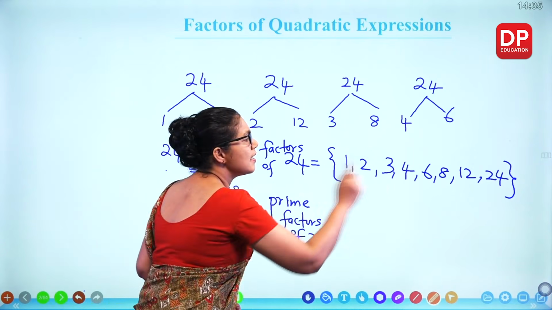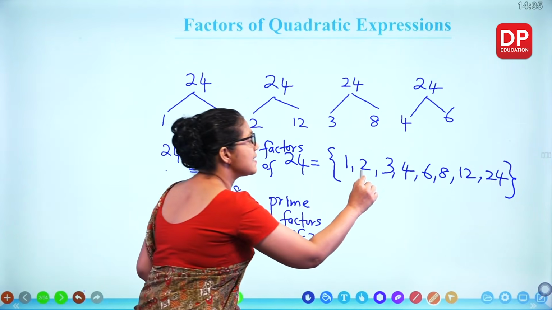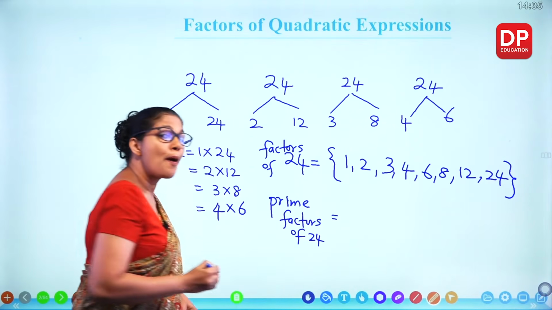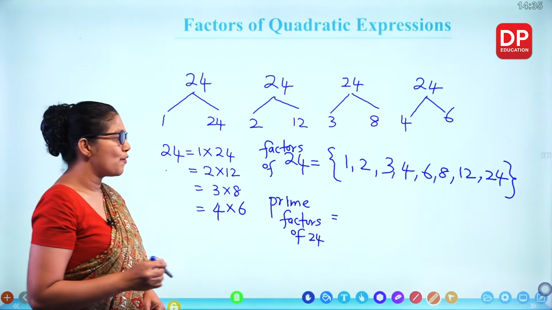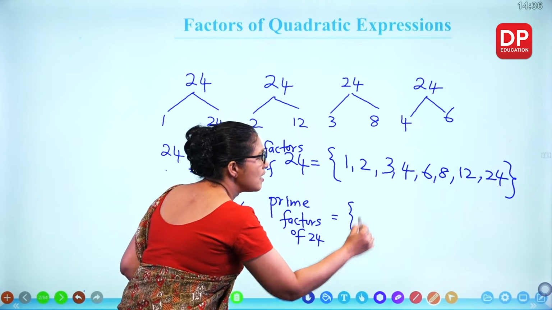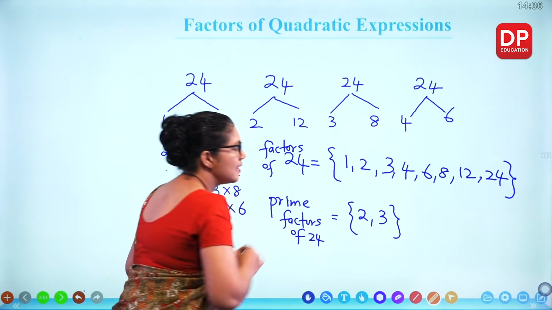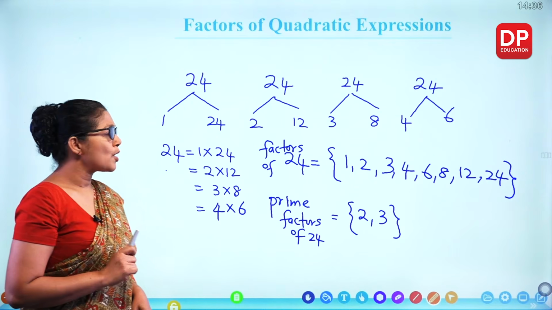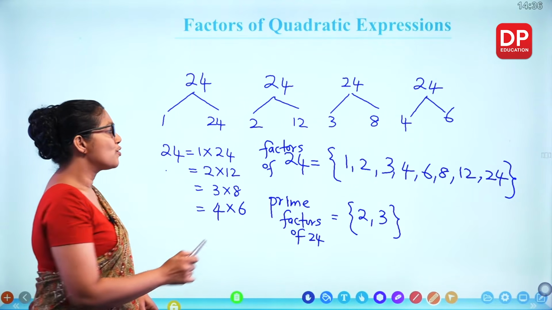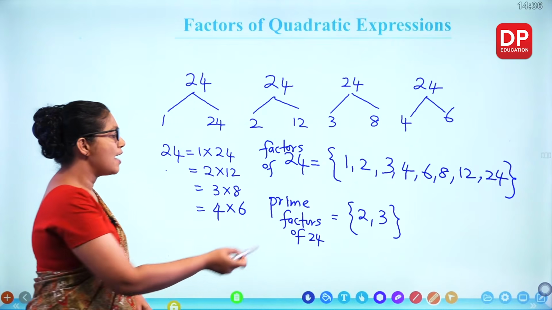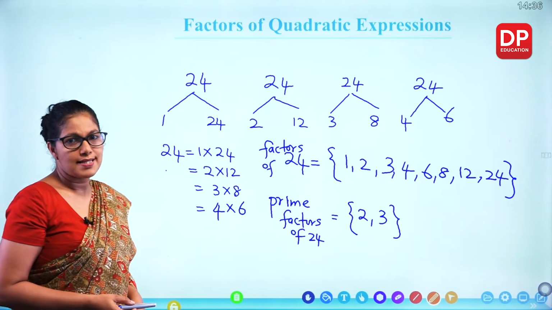We can see 2 and 3. If you want to find the prime factors of 24, we can write only 2 and 3. So you need to know what the factors of any number are and what the prime factors are.